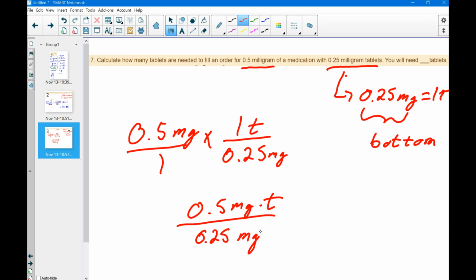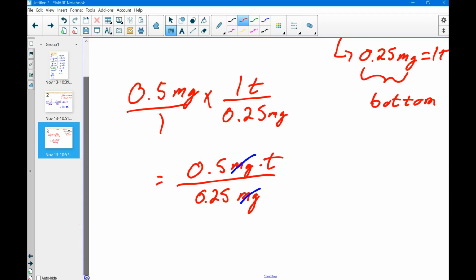And you can see it is division. The milligrams will cancel, and since we're left with tablets, we've got a good idea we're doing it the right way.